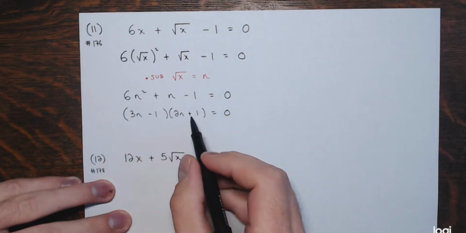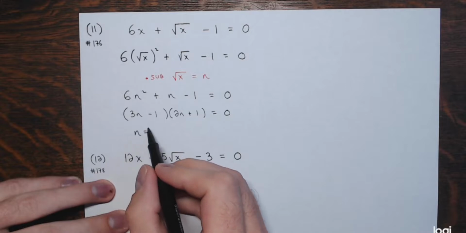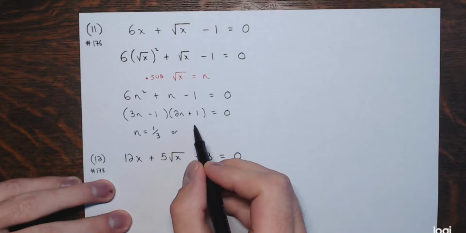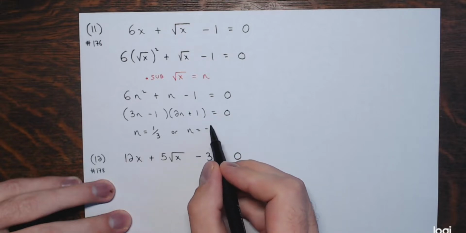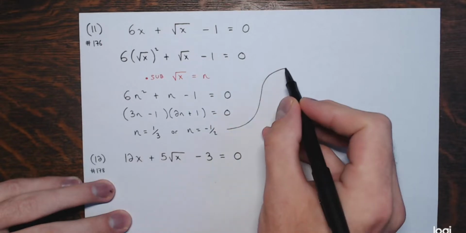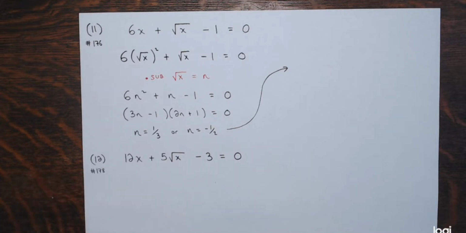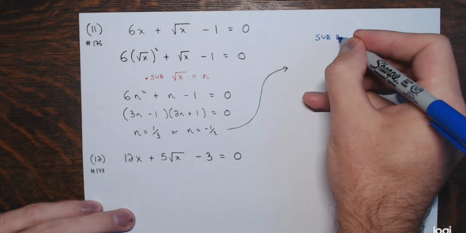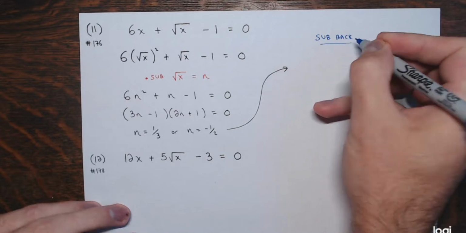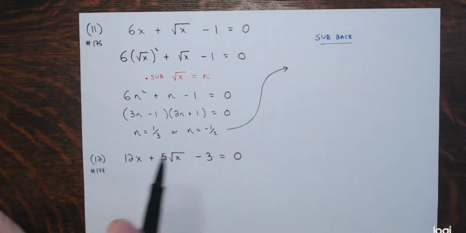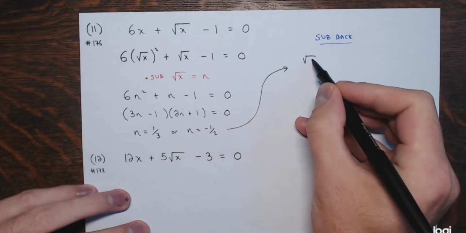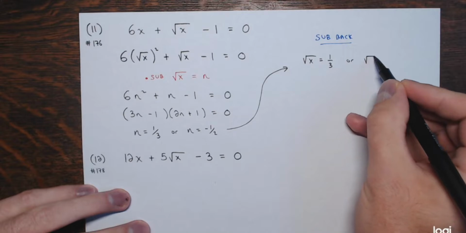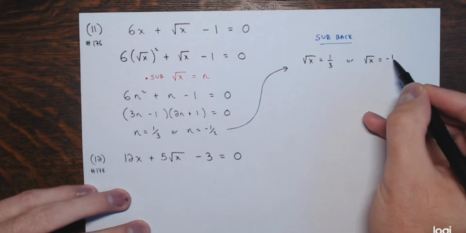So the solutions in n are n equals 1/3 or n equals negative 1/2. Then I sub back, and we get the square root of x equals 1/3 or the square root of x equals negative 1/2.